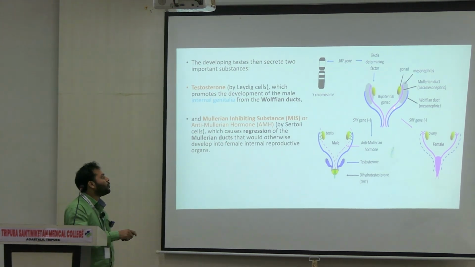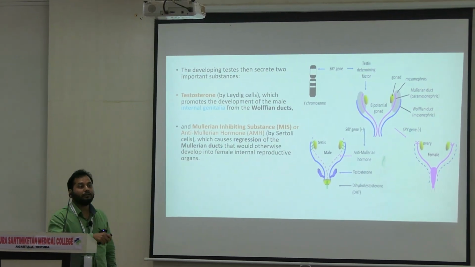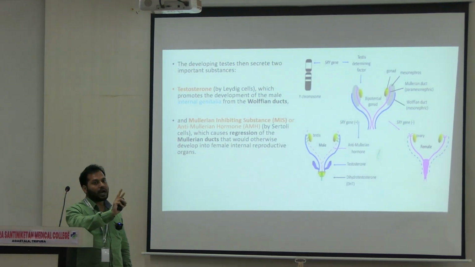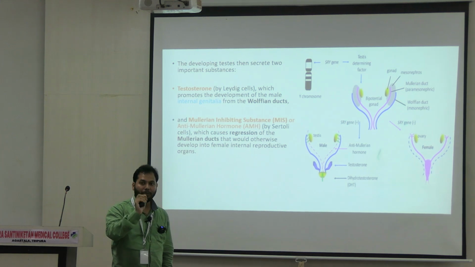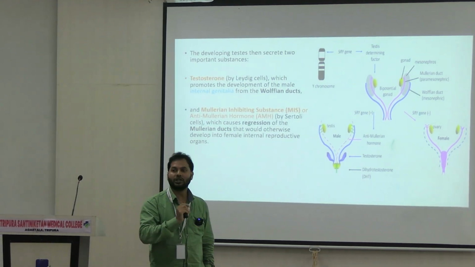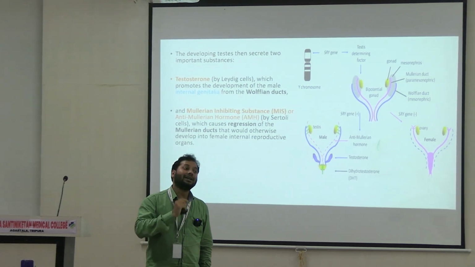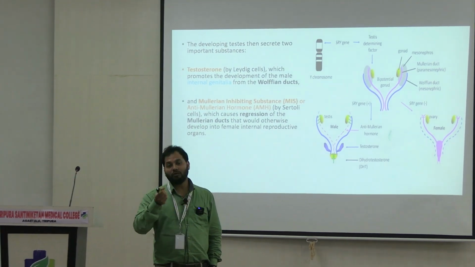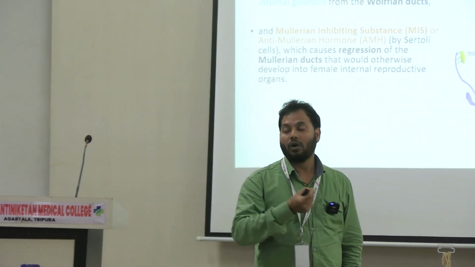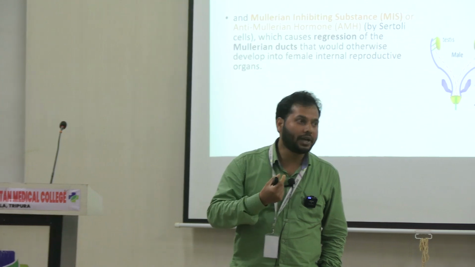It means the regression of the Mullerian duct means inhibition of female sex development. Am I clear? So here both the ducts played an important role in the differentiation of the bipotential gonad. That differentiation is influenced by the presence of the SRY gene and the presence of certain types of hormones like testosterone and anti-Mullerian hormone.